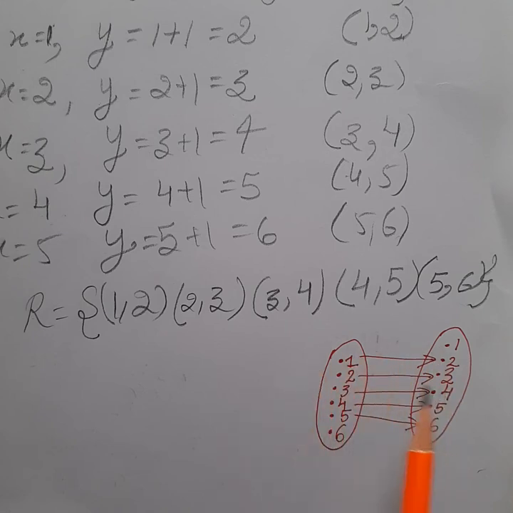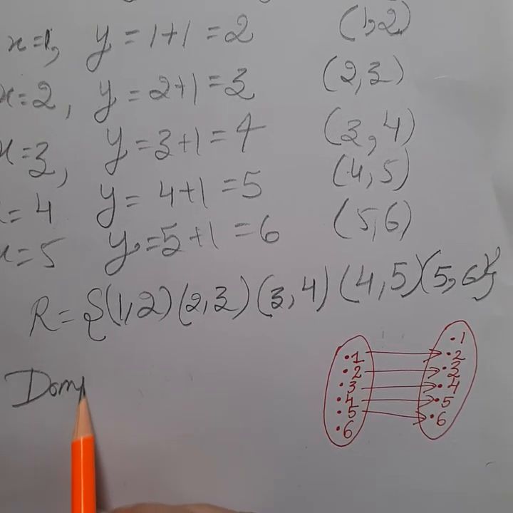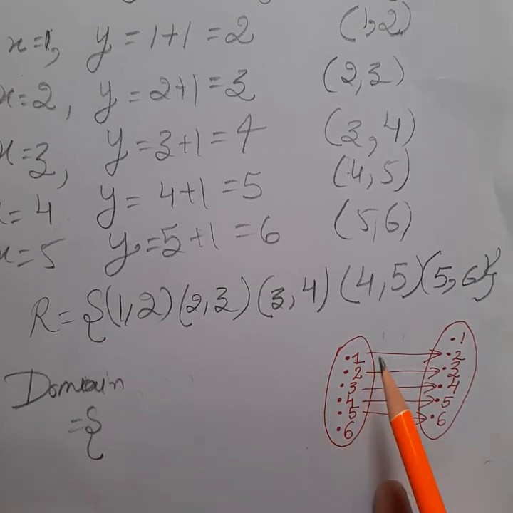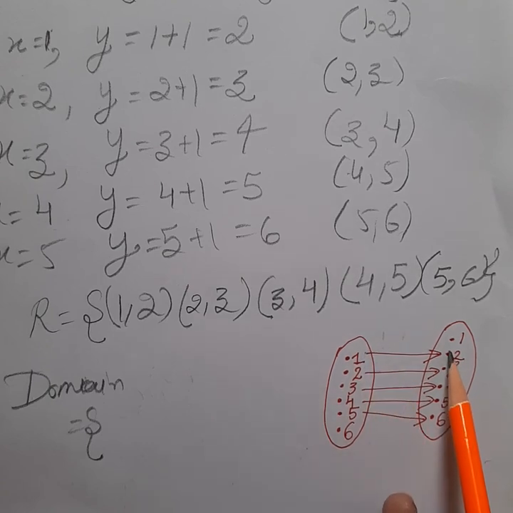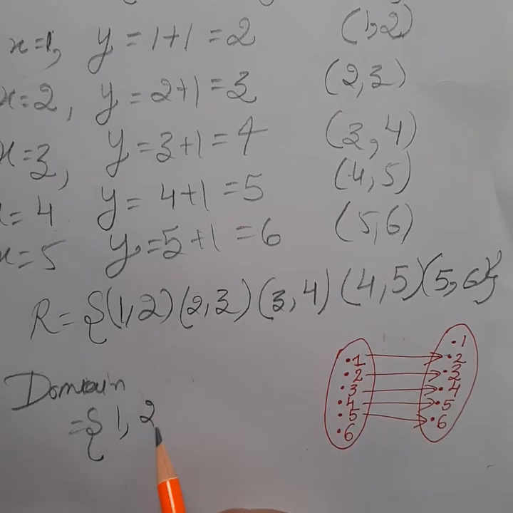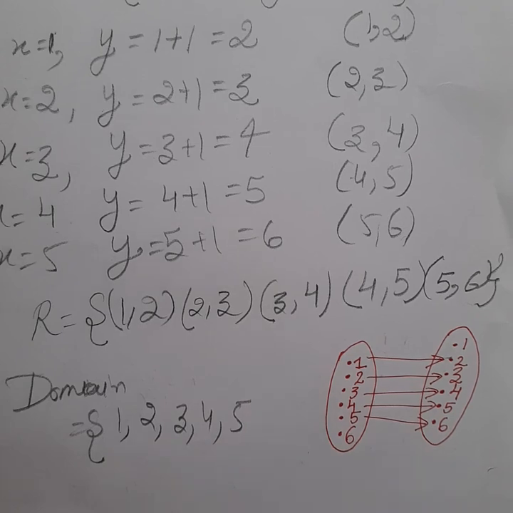With this representation, how can we find the domain, range and codomain? Students, the domain is 1, 2, 3, 4, 5.